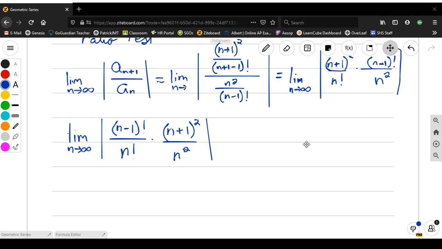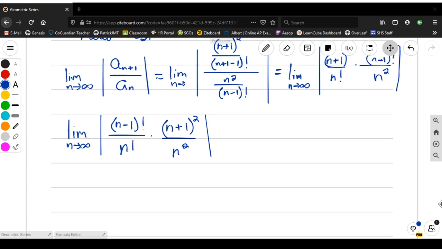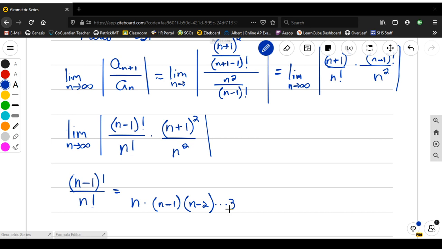Now, the n minus 1 factorial over n factorial. Well, n factorial is n times n minus 1 times n minus 2, and so on, 3 times 2 times 1. And the numerator is going to be n minus 1 times n minus 2 all the way down to 3 times 2 times 1.